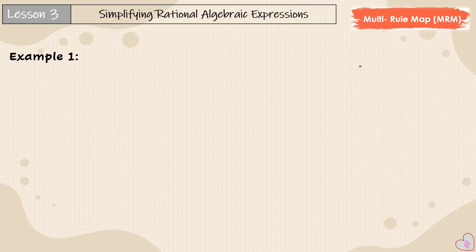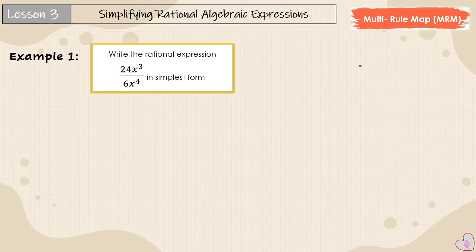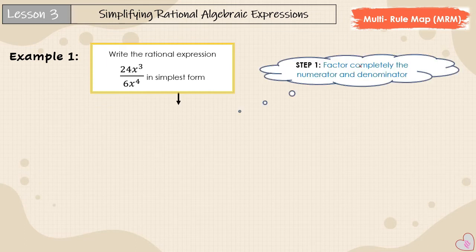Lesson 3. Simplifying rational algebraic expressions using the multi-rule map or MRM. Example 1. Write the rational expression 24x raised to 3 over 6x raised to 4 in simplest form. Step 1. Factor completely the numerator and denominator.